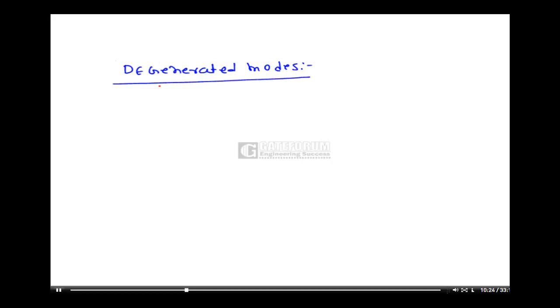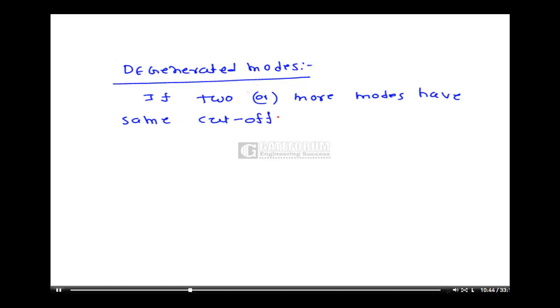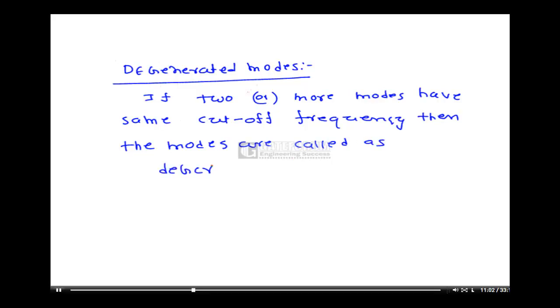The definition for this is, if two or more modes have the same cutoff frequency, then the modes are called degenerated modes.